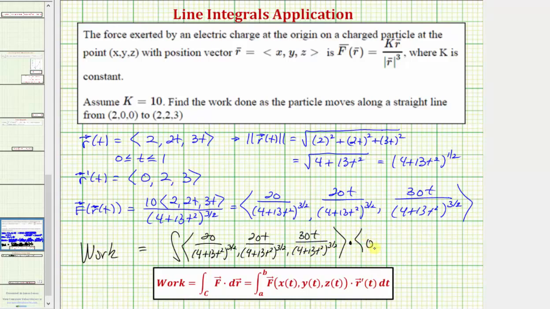We have an x-component of 0, a y-component of 2, a z-component of 3, dt. And the limits of integration for t, as defined here, are going to be from 0 to 1. Our next step will be to find the dot product, and then we'll evaluate the integral. Let's do this on the next slide.